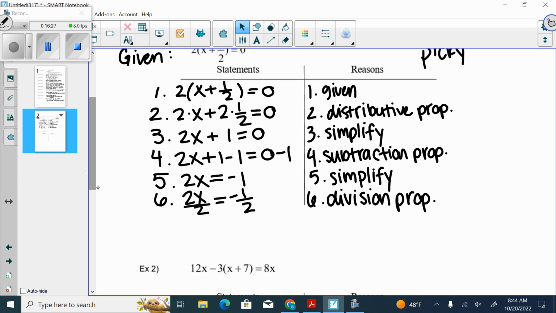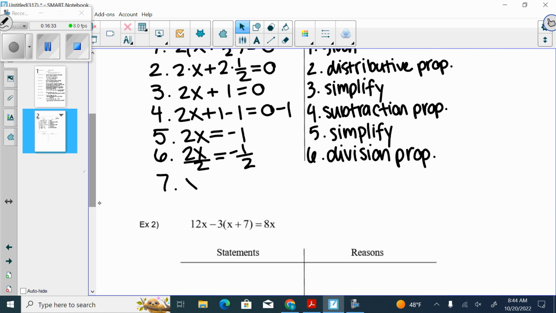Okay, and then what would be the last thing we'd need to do now? Just simplify. Good. So I would end up with x is equal to negative 1/2 or negative 0.5, right? And my last step would be that all we did here was simplify.